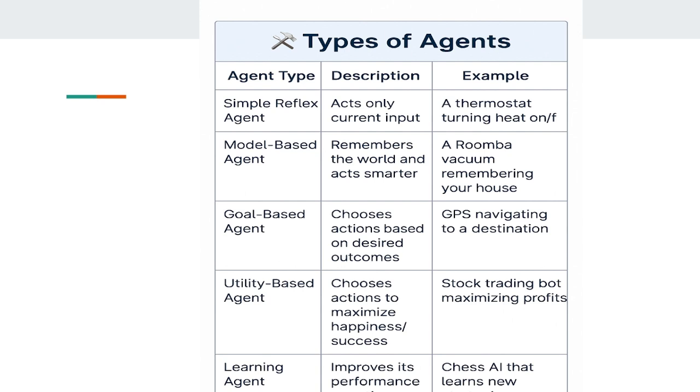Then last but certainly not least, you have the learning agent. The main purpose of this kind of agent, as you can probably guess, is to improve its performance over time, constantly learning from different things. A quick example I can think of that everyone would understand is online chess.